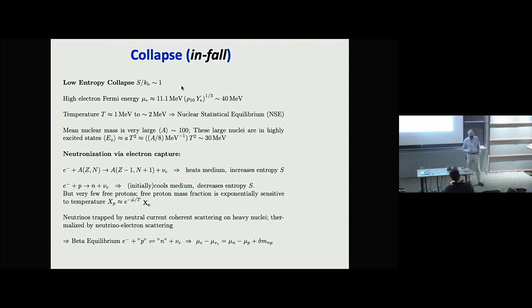If, for example, you were to turn on some kind of beyond standard model process that converted the electron neutrinos in equilibrium into some other species, then that would open a hole in this distribution of electron neutrinos, filled immediately by electron capture, likely going through heavy nuclei, which would increase the entropy. So you see that you're in a very unstable situation here. You see that it's quite sensitive to any lepton number violating process.